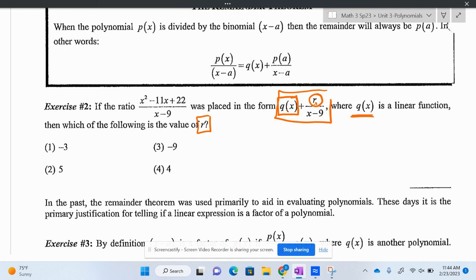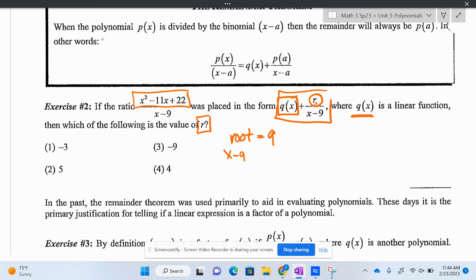So we can use the remainder theorem that says use the root, which is what? What is the root of x minus 9? It's 9. Yeah. So use the root and plug it into this to see what your remainder is.